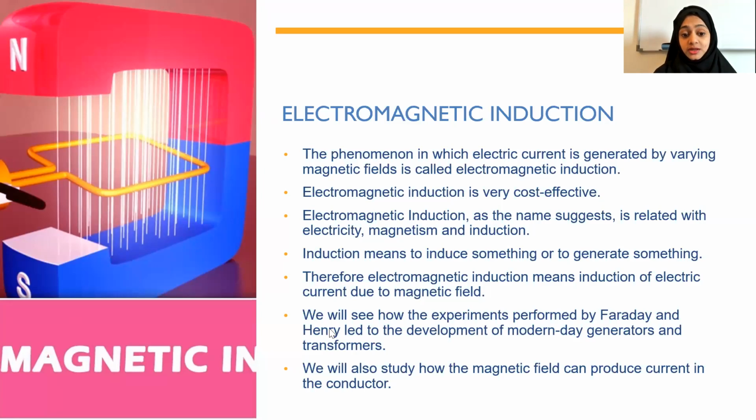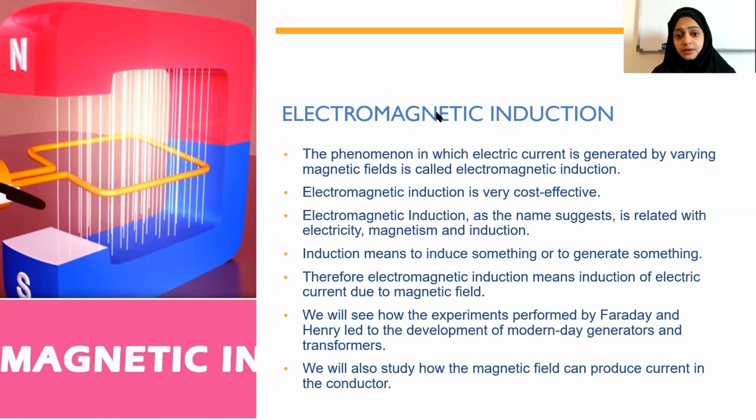The name Henry is kept as a unit of inductance, which we will learn later in this chapter. There are three laws of electromagnetic induction. The first two laws are by Faraday and the third law is by Lenz. Even though the credit goes to Michael Faraday, the names of Henry and Lenz are still remembered for their contribution in the field.